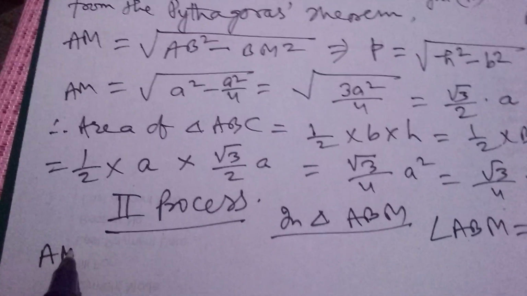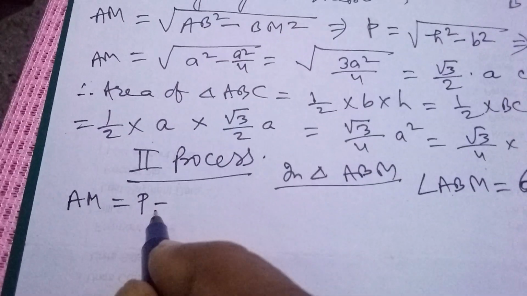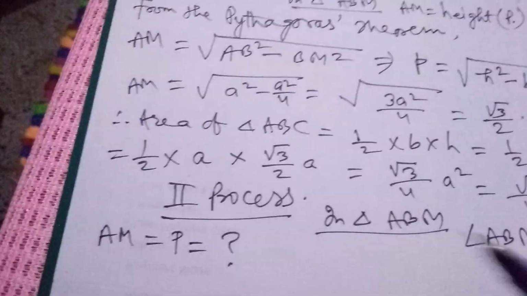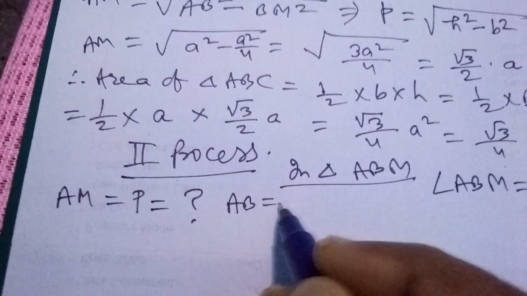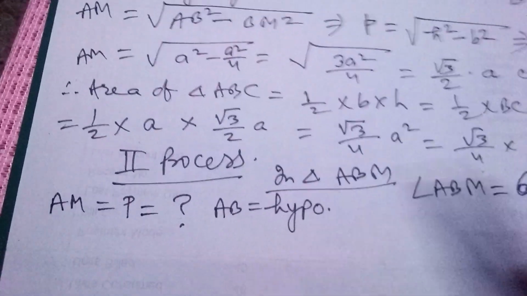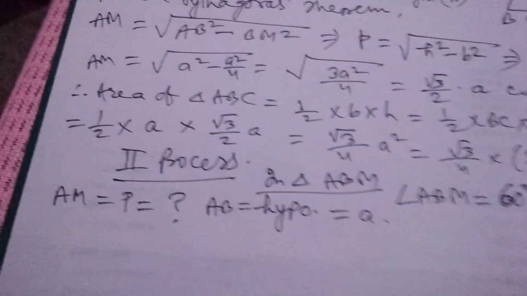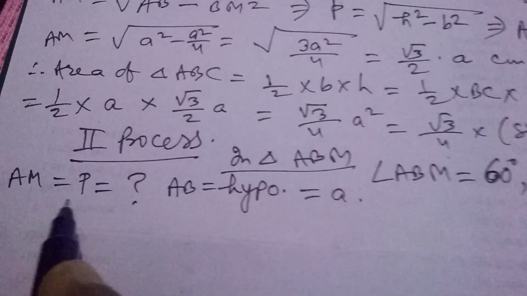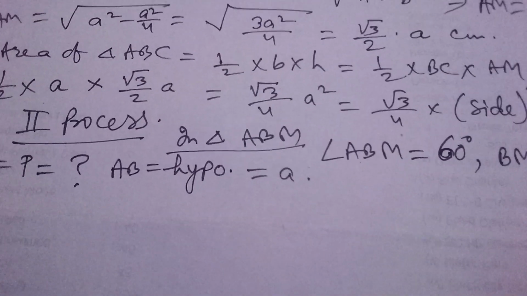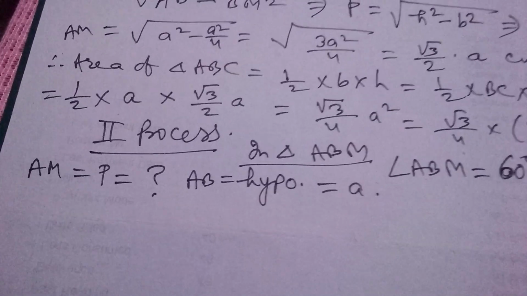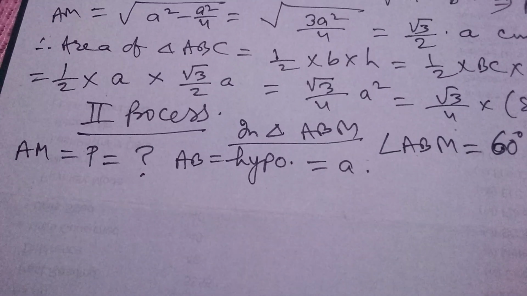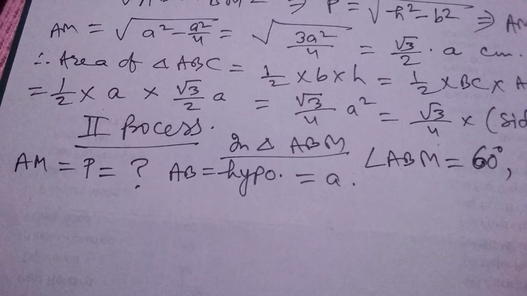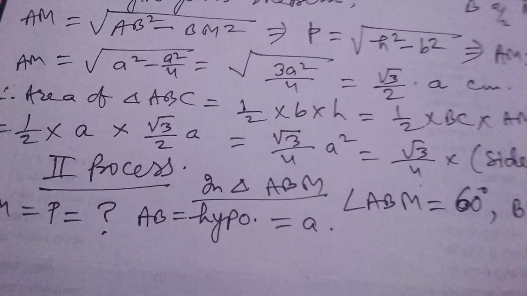AM is the perpendicular, which we have to find out, and AB is the hypotenuse, that is a. Then we have to find AM, and the base is given as a by 2.